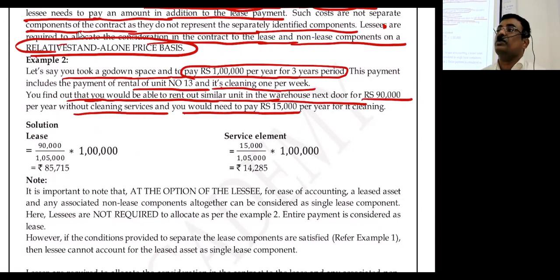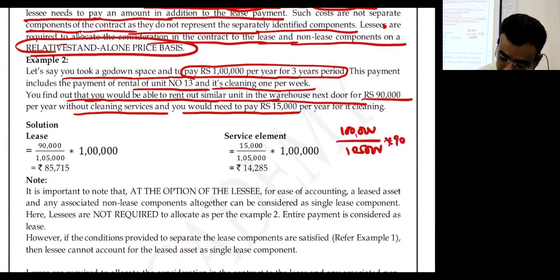You are not supposed to use that word, but only for our classroom purpose to understand. The 90,000 and 15,000 are standalone selling prices. Now the transaction price should be allocated to each PO based on relative standalone selling price: 1 lakh divided by 1,05,000 into 90,000.